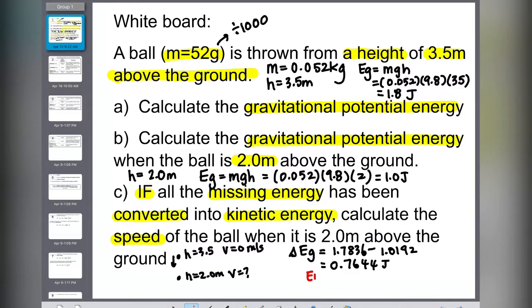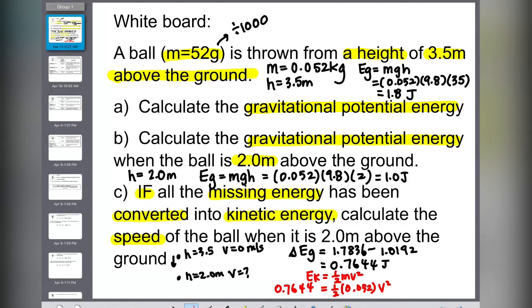I know that the equation for kinetic energy is 1/2 mv squared. They're saying that all of the 0.7644 is now converted to kinetic energy. So I'm going to plug in my numbers: 0.052 for the mass, and v squared here. Then I rearrange the equation and solve for v.